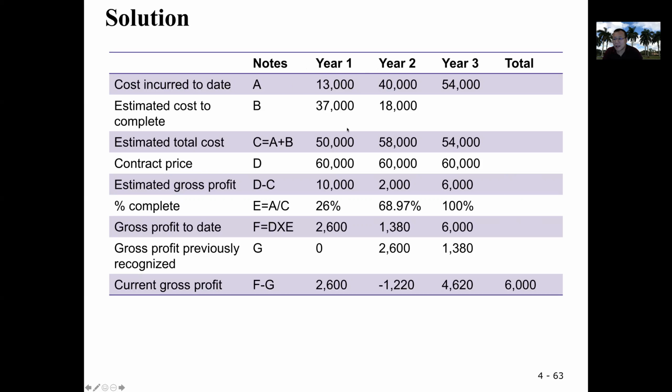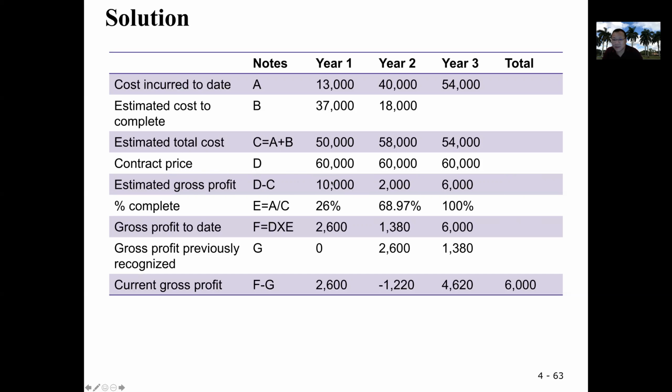Therefore, at the end of year 1, the projected total cost is 50,000. The contract price is 60,000. The difference is my estimated gross profit, 10,000 here.